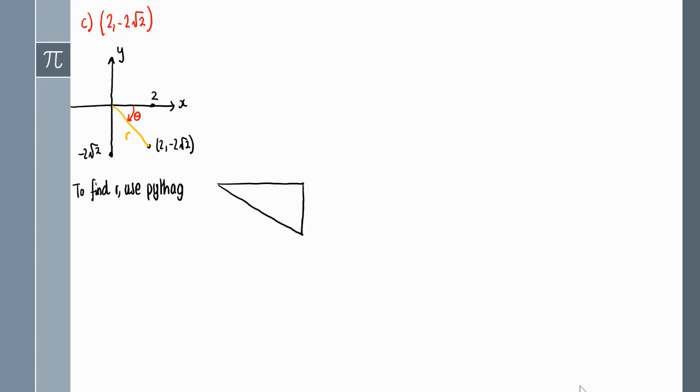I'm going to include the fact that my y-axis is negative. In this case, I'll have that r equals the square root of 2 squared plus minus 2 root 2 all squared, or when I simplify that, I get r is equal to 2 root 3.